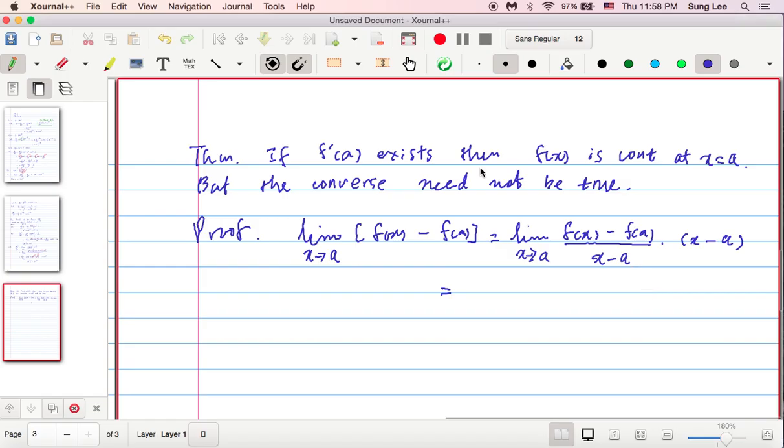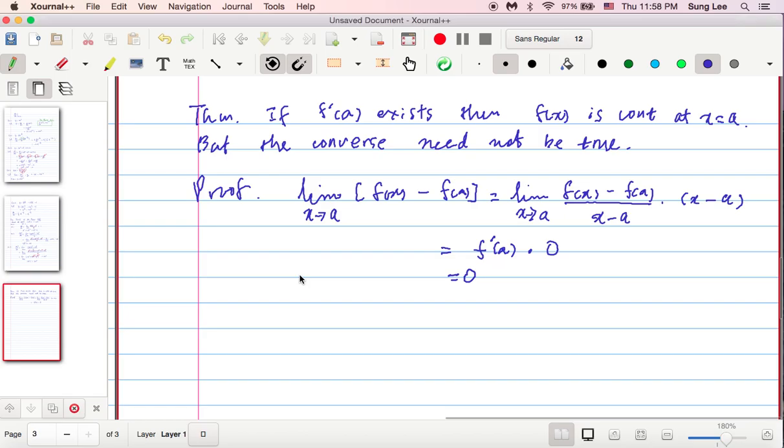So using the limit property, this can be written as the product of the limit of this and the limit of this, which gives us f prime of a for the first part, and the limit of this second part is 0. Okay, so f prime of a does exist, right? That's the condition, which means it's a number. A number times 0 is going to be 0, so it equals 0.